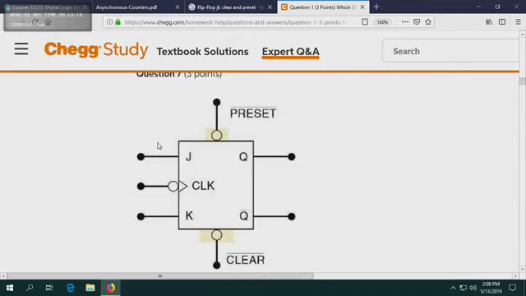But you'll say, hey, hang on. When we used the lines in JK, if J is 0 and K is 1, we can make our flip-flop reset as well. So clear and reset are the same thing, except that for one you are using just one line, the clear line.